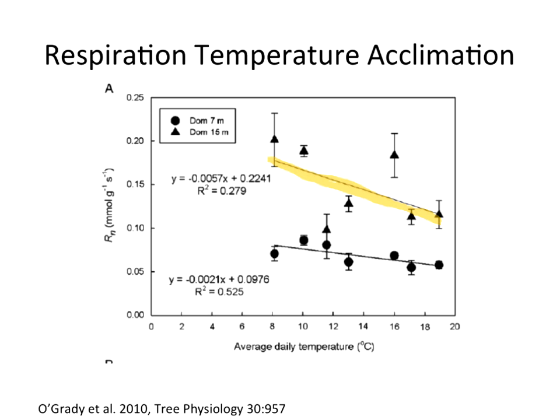And that tends to mitigate that carbon loss associated with respiration at higher temperatures. So I just wanted to show you some of those data to emphasize that trees and other plants do have the ability to adjust to changing temperatures to some extent.